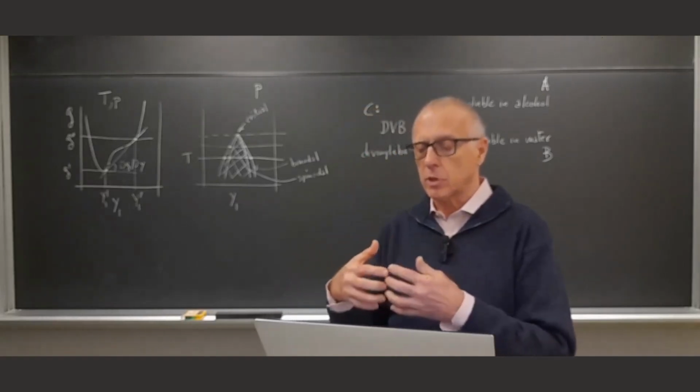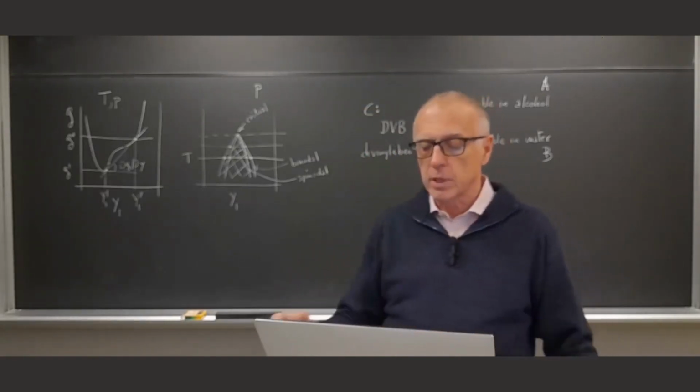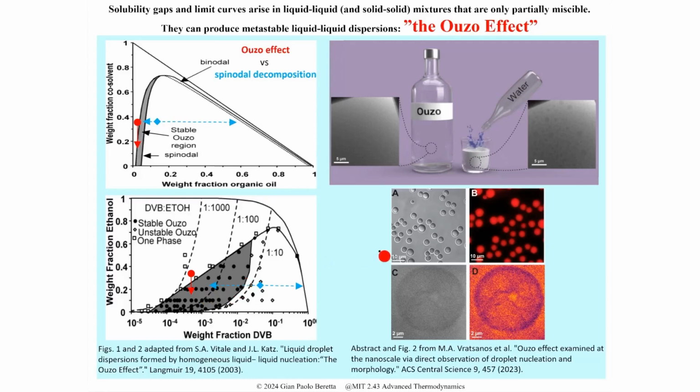Those droplets are the reason why light does not get through, but gets diffused by these droplets. That's why the liquid loses its transparency to light. The reasons are these droplets.